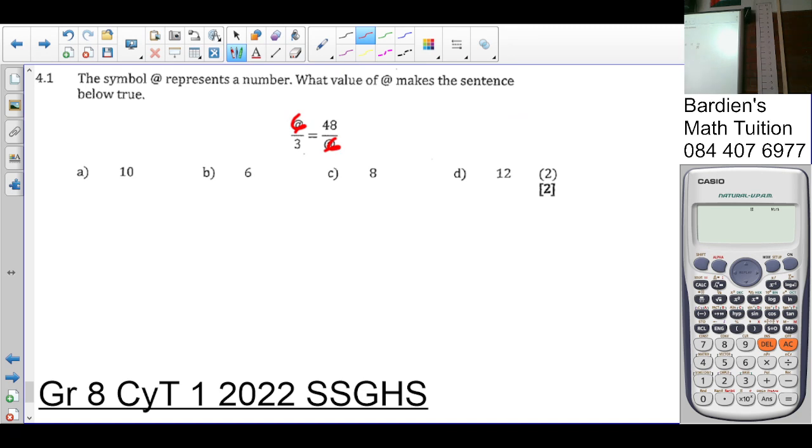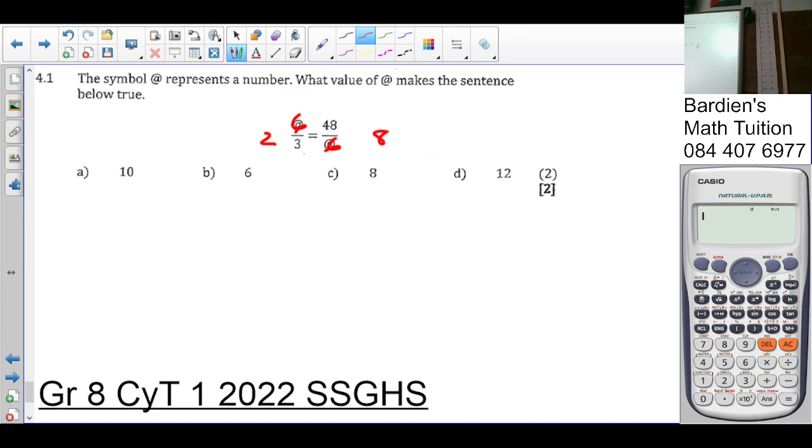6 divided by 3 is 2. 48 divided by 6 is 8. Is that correct? No. What's 48 divided by 6? What's 8 times 6? Is that right?